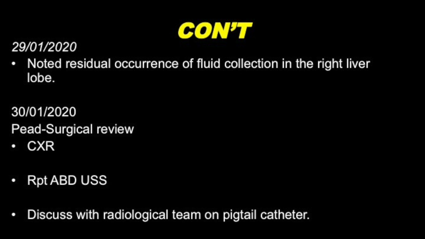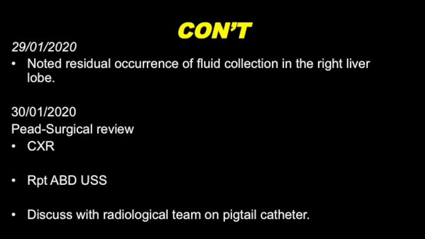On the 29th, they repeated another ultrasound, and they actually found that where they had drained the pus, fluid had collected again. So on the 30th, we involved the pediatric surgical team, and they requested that we do a chest X-ray and repeat an abdominal ultrasound, and they were also to discuss with the radiological team a pigtail catheter.